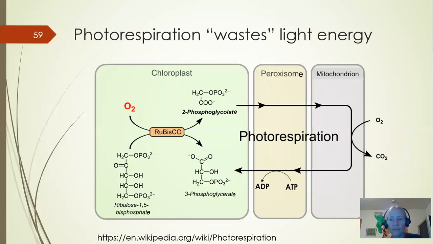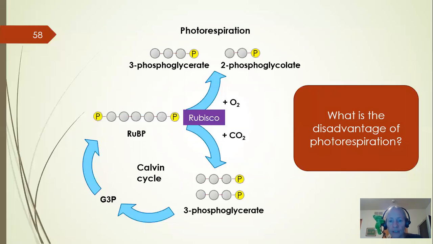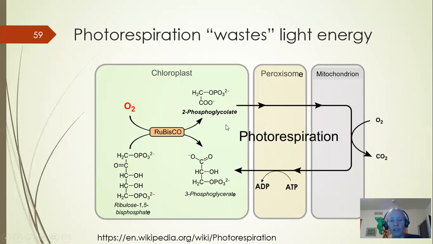Well, the point of the Calvin cycle is to fix carbon dioxide so that we can make glucose from the G3Ps. But if oxygenation happens and oxygen is added to the ribulose bisphosphate, then we get these 2-carbon molecules, the phosphoglycolates. We get a 2-carbon molecule and 1 3-carbon molecule.